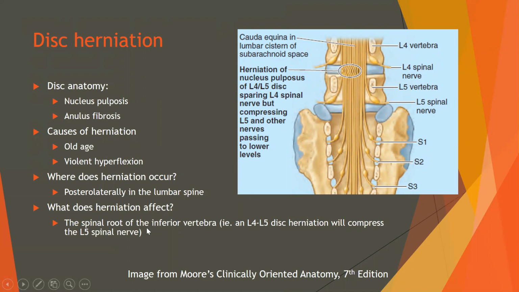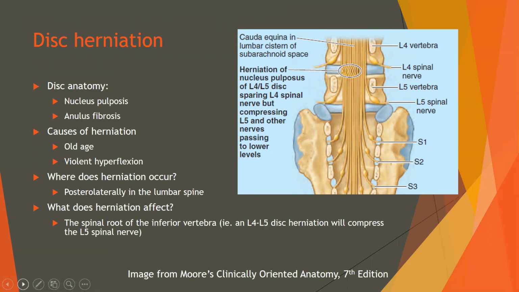When it does herniate, you're going to affect the spinal root of the vertebra inferior to the herniation, because the ones superior will escape, be spared and go around the herniation, whereas the ones inferior are still making their way down and will take the brunt of that herniation.